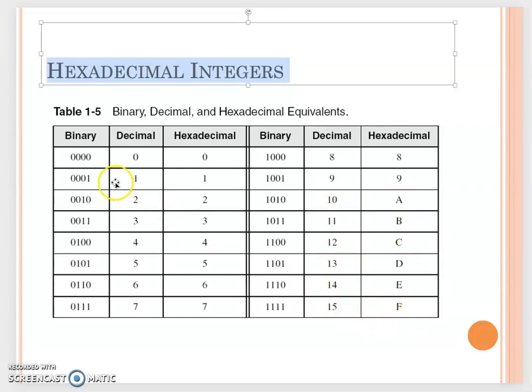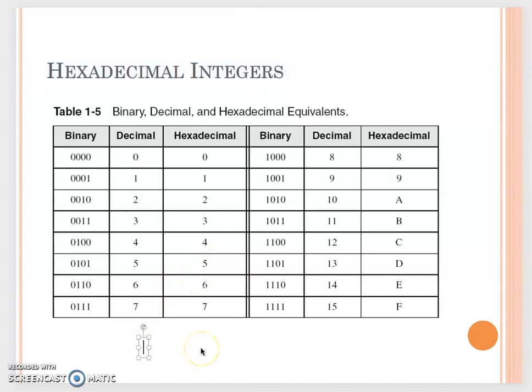Now, why do we only show 4-bit binary here? Because any 4-bit binary represents 1 hexadecimal value. When you have 4 bits in binary, 0000 is the smallest one. The biggest value is when all 4 bits are 1.